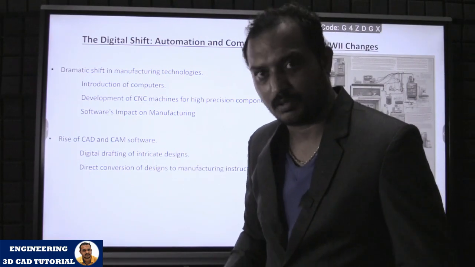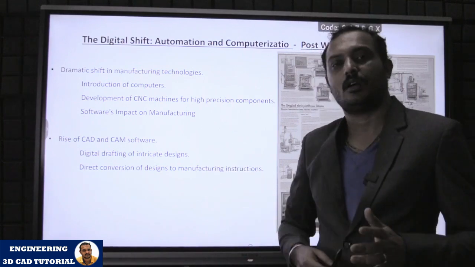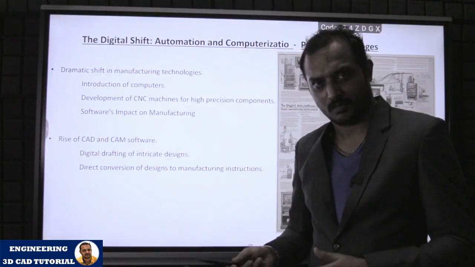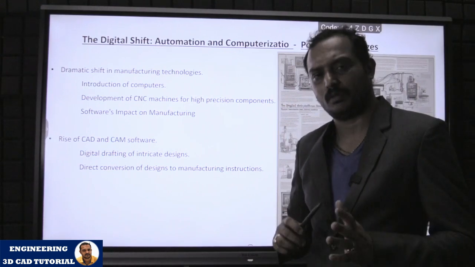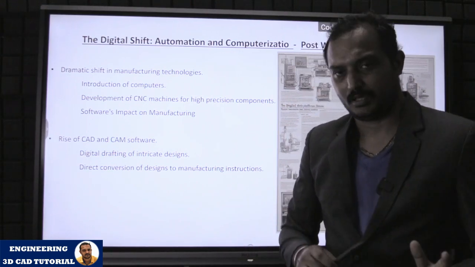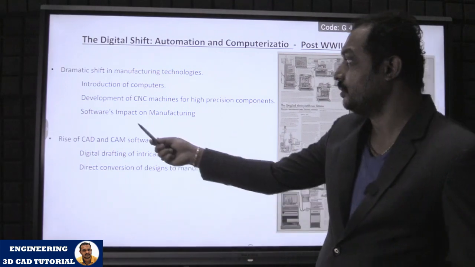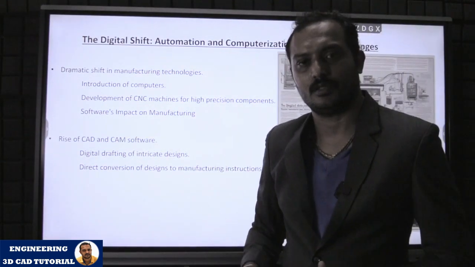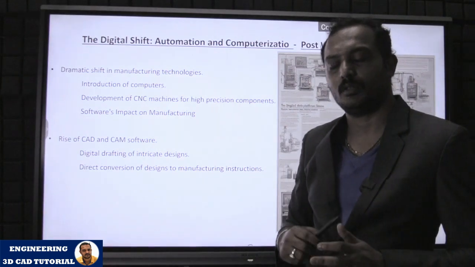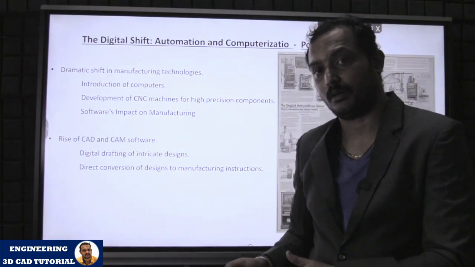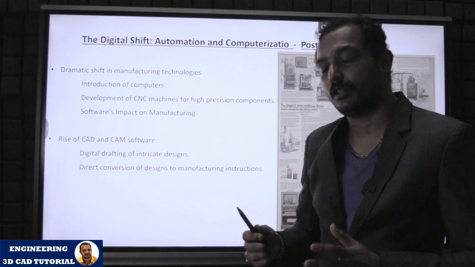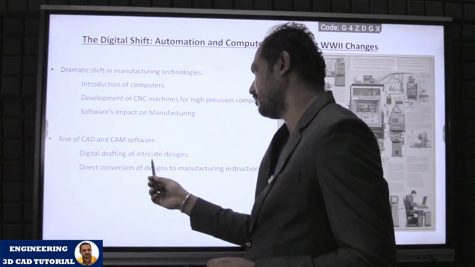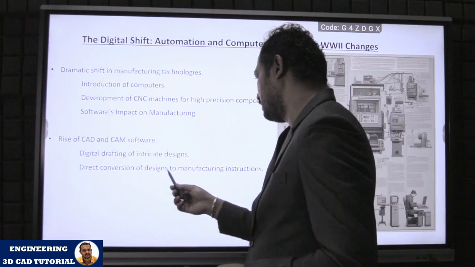Yes, of course we have to consider certain things like tool wear out, cooling, and also certain machine vibrations. Those are the other things we will study in the later stages. But the production has been dramatically increased without reducing the quality of the component. Rise of CAD/CAM software, digital drafting, intro designs, or conventional design manufacturing.